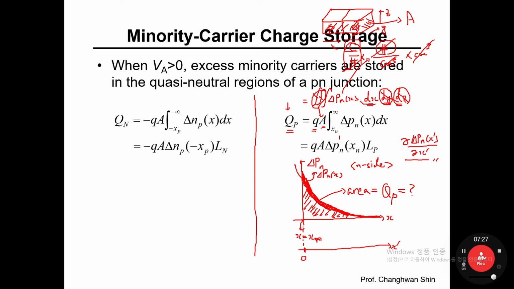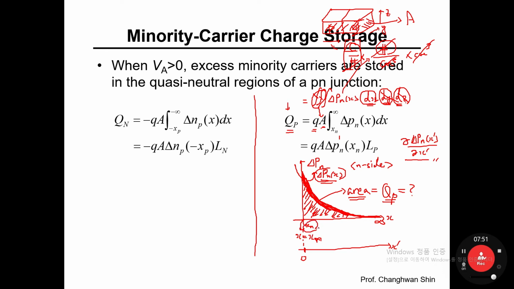What about the x? All the excess hole concentrations exist along x, from x_n to infinity. Since we should estimate the total hole concentration, we should estimate the area underneath the delta p_n of x plot.